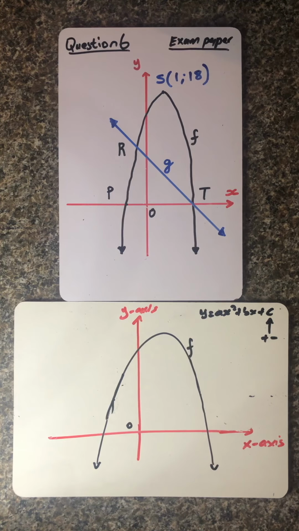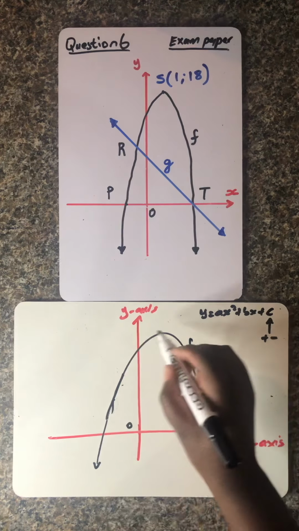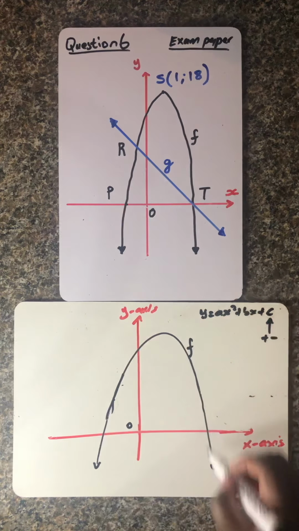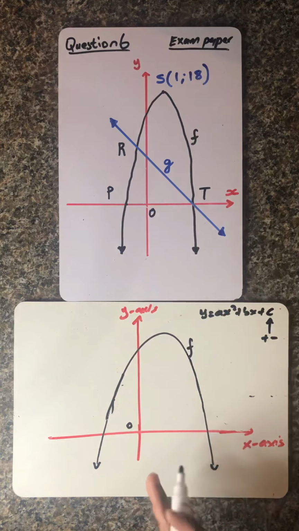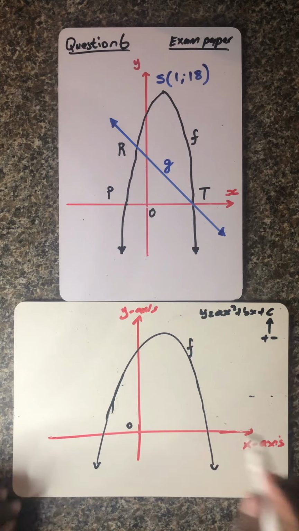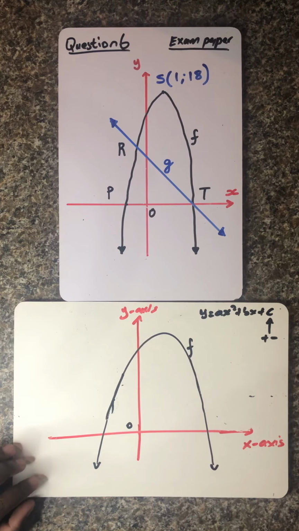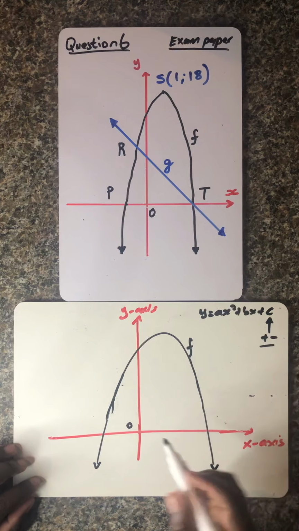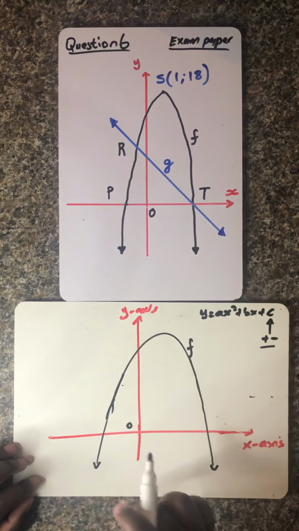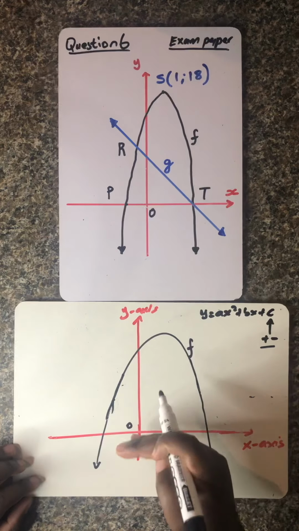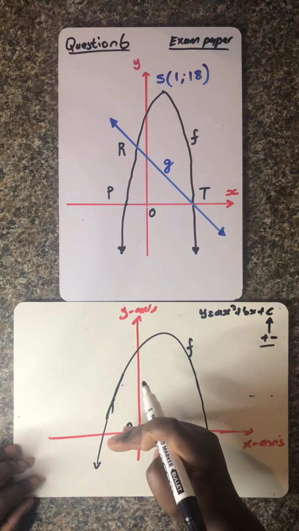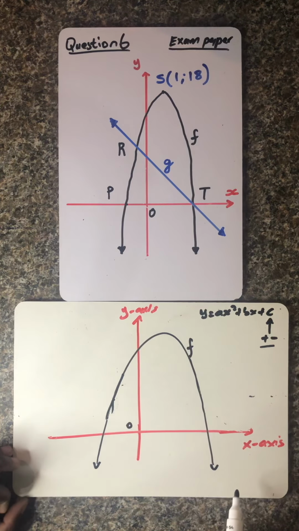But what I'm saying is the value of C tells us where the parabola, which could be in that shape or that shape, touches the y-axis. What you need to know in terms of the signs is whether this parabola cuts the y-axis on the positive side or on the negative side of the axis.